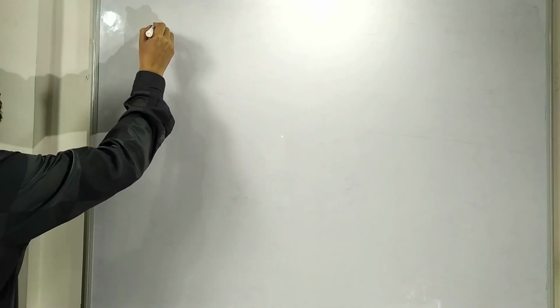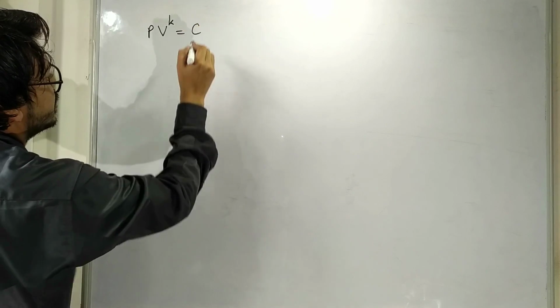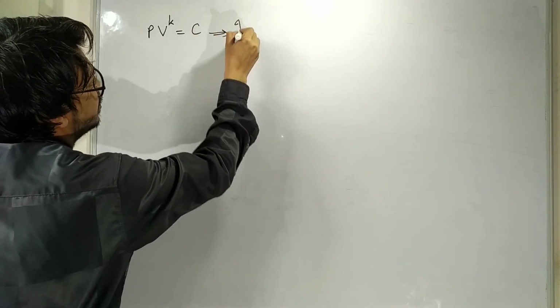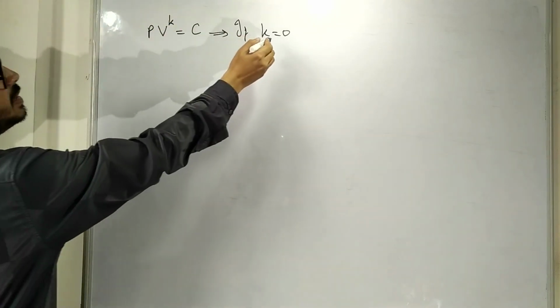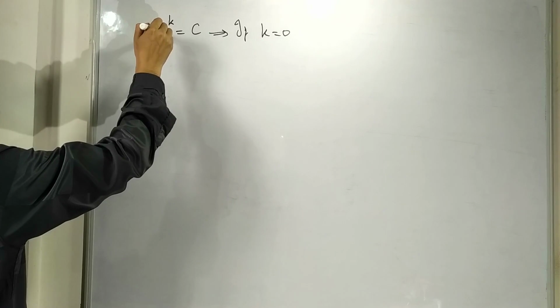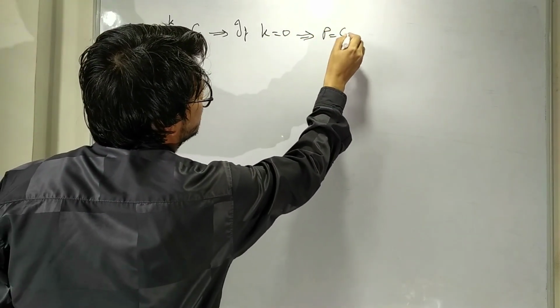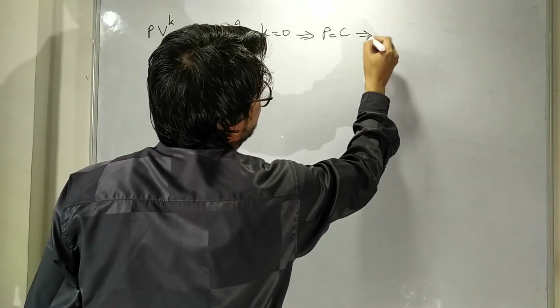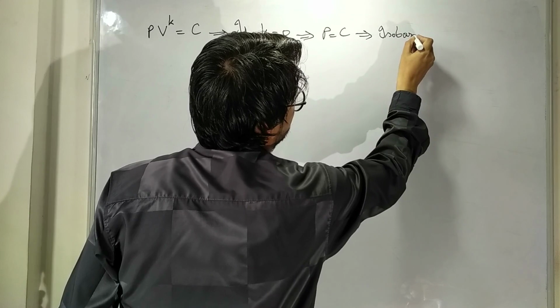Now PV to the power k equals constant. This implies if the value of k is 0, if we put 0 here, then V to the power 0 is 1. So this implies P equals constant, and P equals constant is an isobaric process.